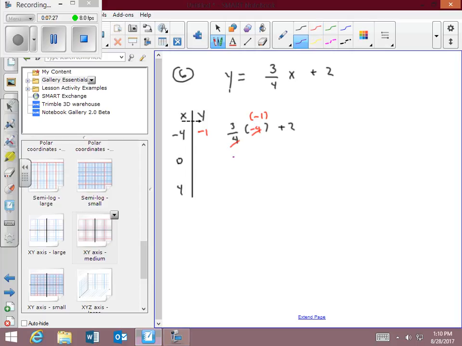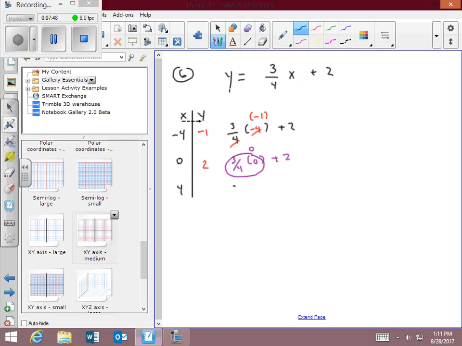Then I'll go 3/4 of 0 plus 2. Now 3/4 of 0, this value becomes 0, because 0 times any number is 0. So then I have plus 2.